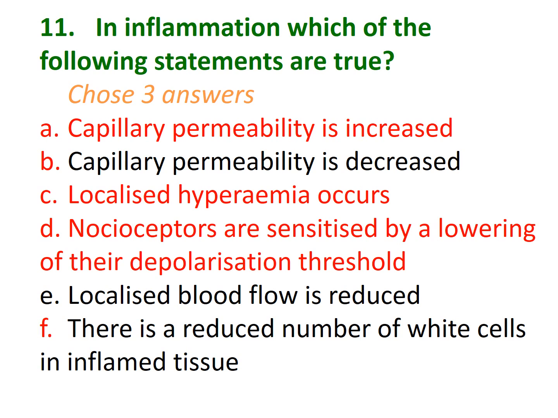Now, the inflammatory process will begin when a tissue is insulted, and the insulted tissue will produce and generate inflammatory mediators. And other cells located in the damaged tissue will also release inflammatory mediators. And these inflammatory mediators will increase the permeability of local capillaries.